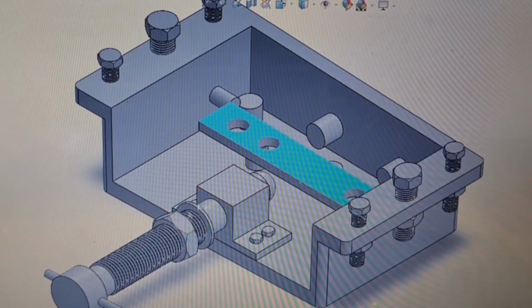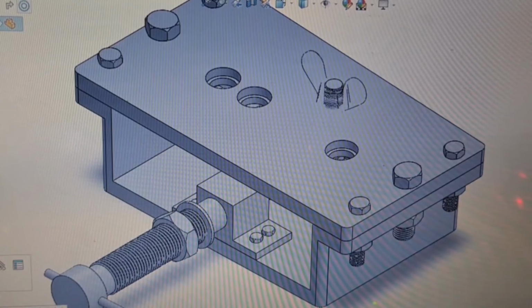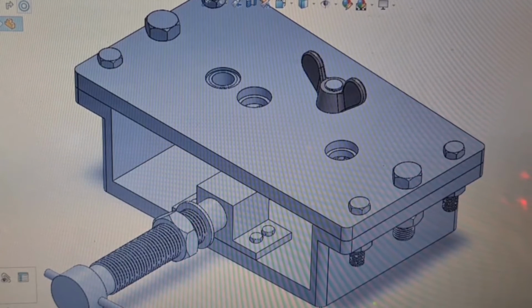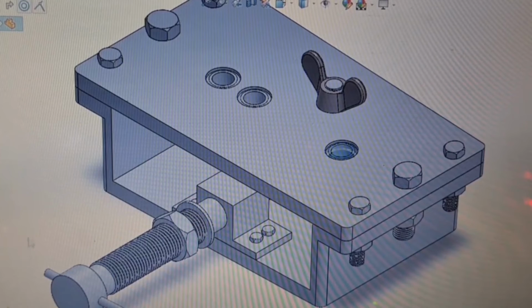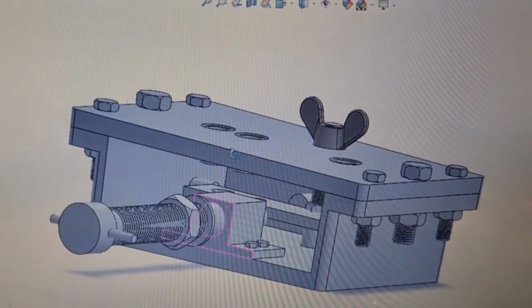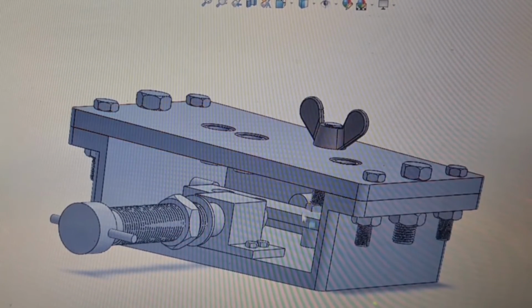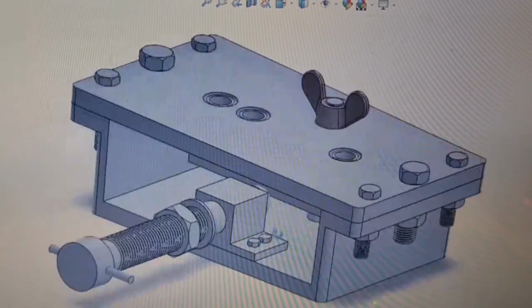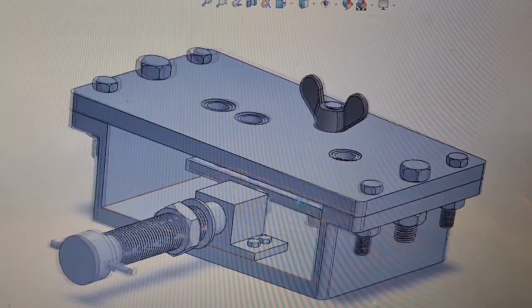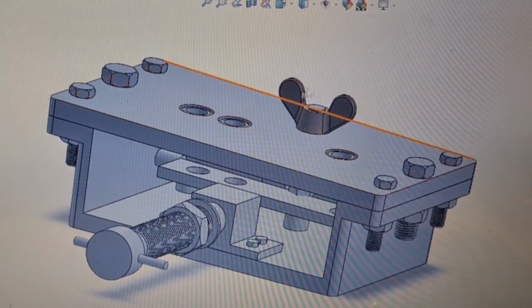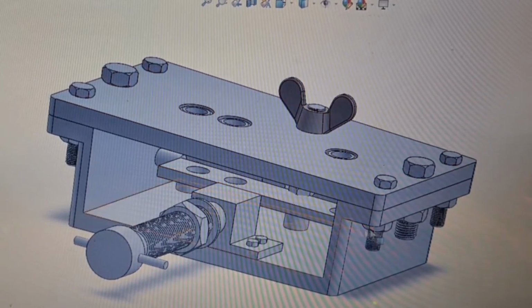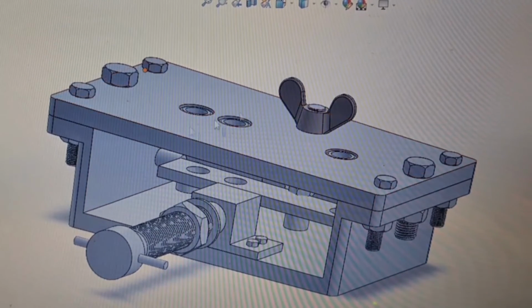We need to loosen the clamp before we unload the workpiece. We need to loosen the wing nut also, so that the workpiece can be unloaded.